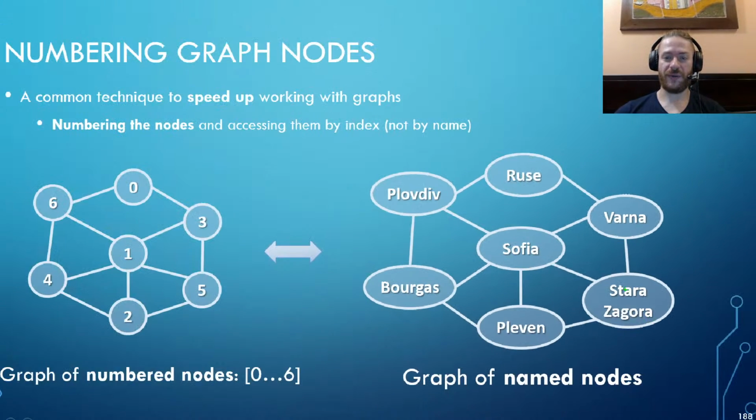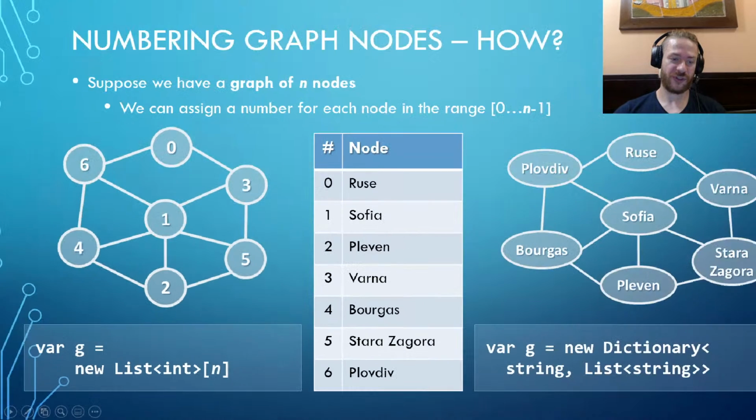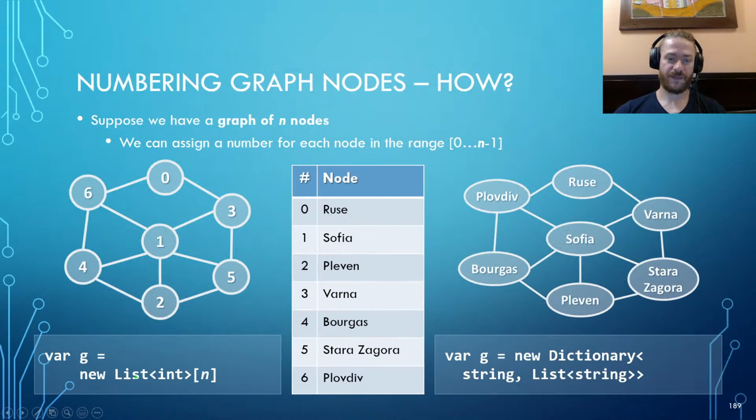Or if we know that these values are unique, we may use them as keys. So to number them, we just need to introduce some sort of a mapping in our code, for example, a dictionary of string to list of strings.